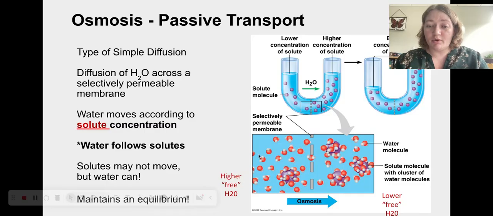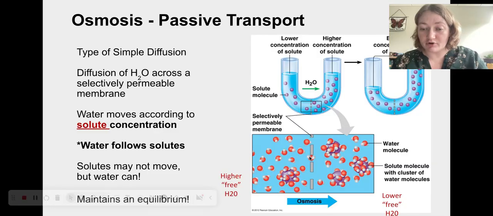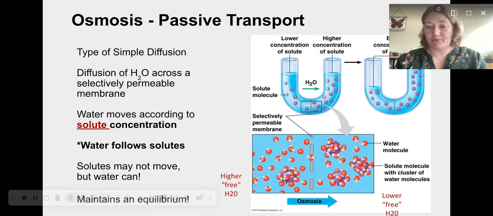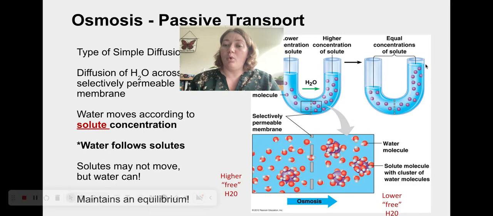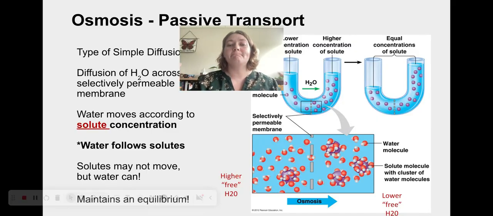So osmosis is going to cause our water molecules to move across the membrane to the side that has more solutes, until this ratio of water molecules to solutes is roughly the same on either side. Now that might mean if we look at this U-tube here, that one side might have more water than the other side. But that's okay because the ratio of water to solutes is the same, even though the amount of water is not.